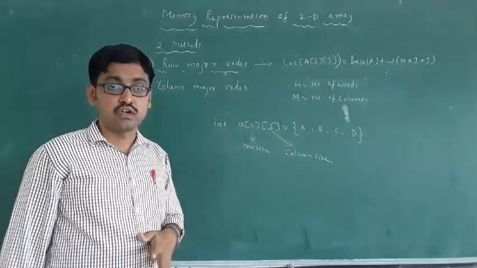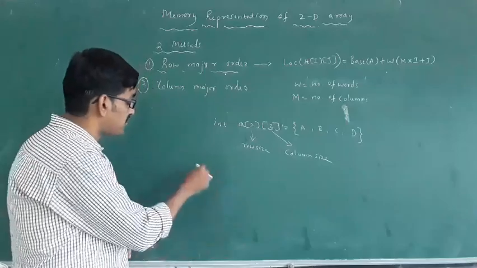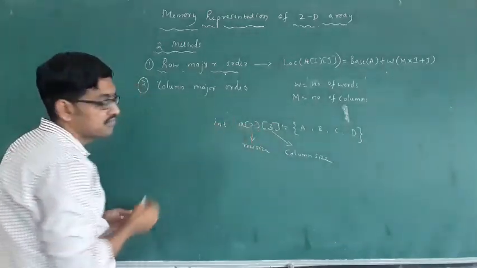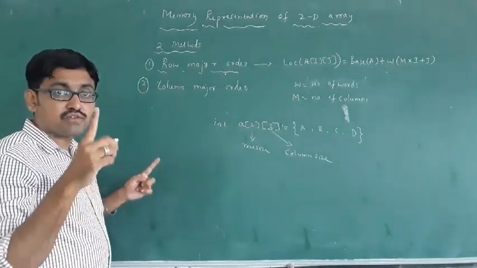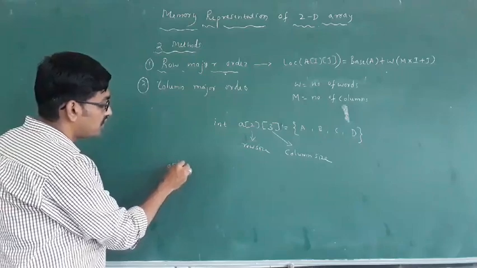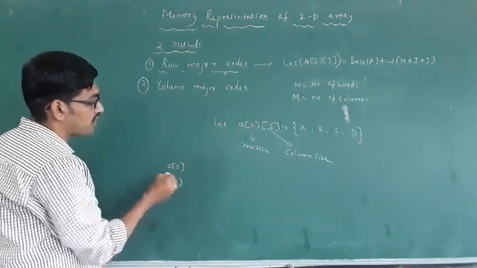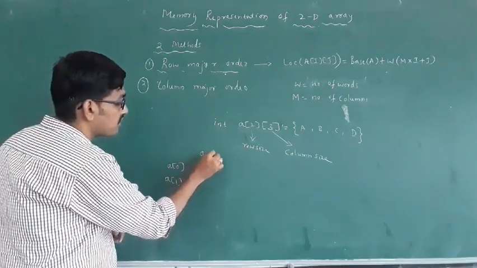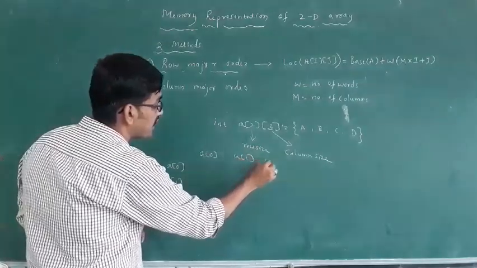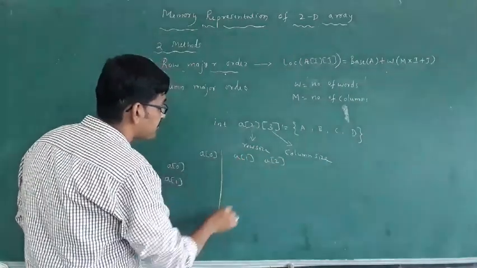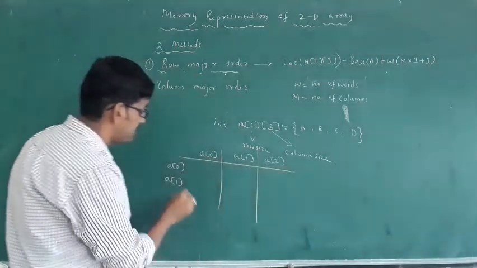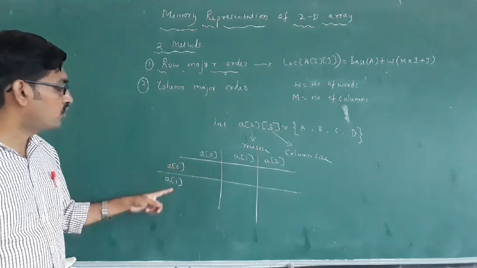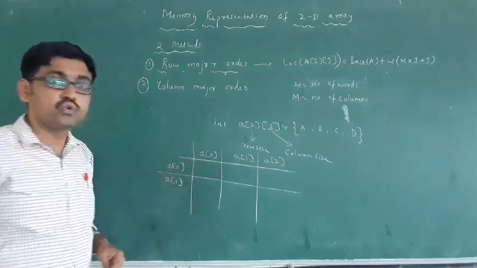How to store these? First, how many rows do you have? Row size is 2, so 2 rows. An array always starts with 0: A of 0, then A of 1. How many columns do you have? 3 columns. The columns are A of 0, A of 1, A of 2. 3 columns, 2 rows.